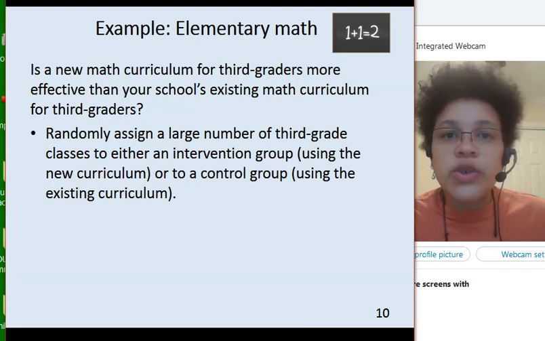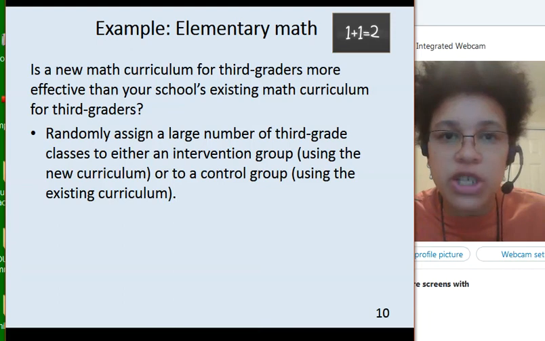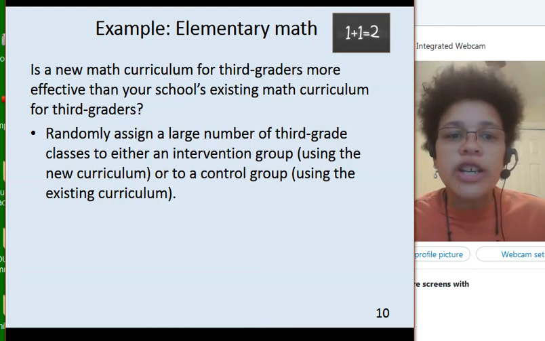So what you would do in order to judge the effectiveness of two different math curricula is you might randomly assign a large number of third grade classes to either an intervention group, those who are going to be taught the new curriculum, or a control group using the existing curriculum. So let's think about this.